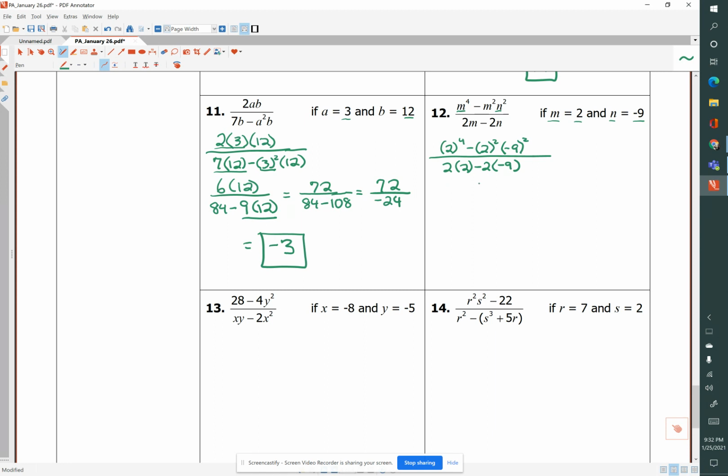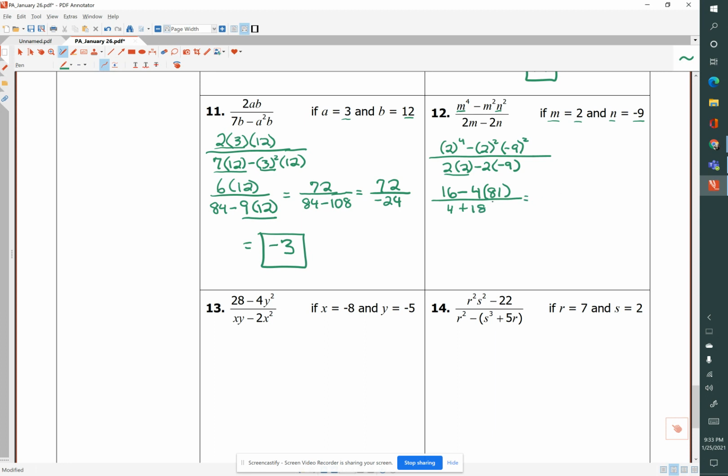2 to the 4th power is 2 times 2 times 2 times 2, which is 16. 2 to the 2nd power is 4. And that is going to be multiplied by -9 squared, which is -9 times -9, which is a positive 81. In the denominator, we have 2 times 2, which is 4, minus 2 times -9. So -2 times -9 is positive 18.